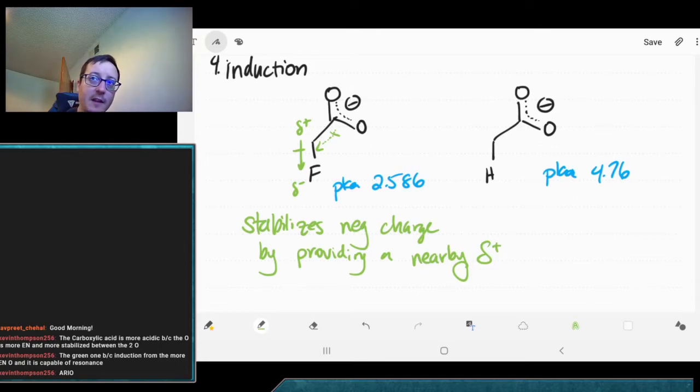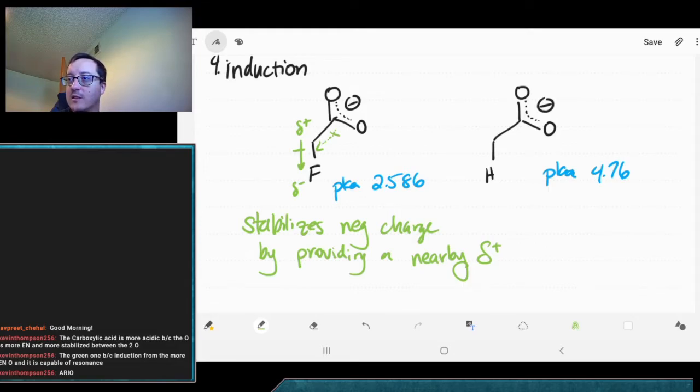So do we see how that happens? So again, we're introducing a slightly positive charge into our molecule, and that's going to help balance out the negative charge that's right next to it. All right. Any questions on that?